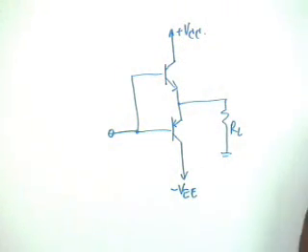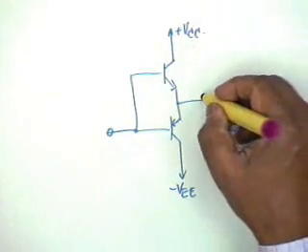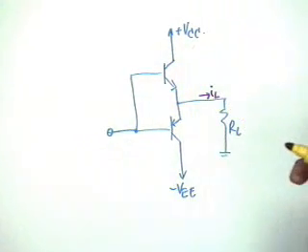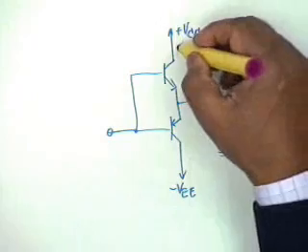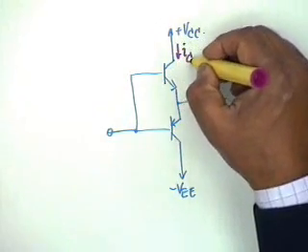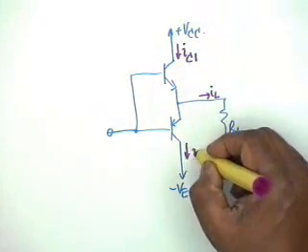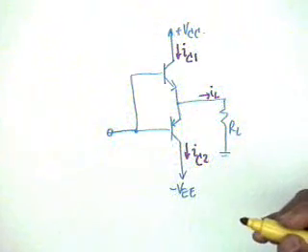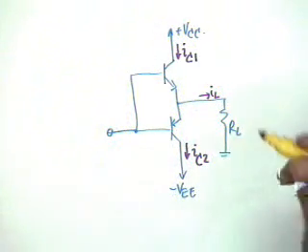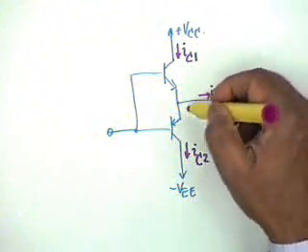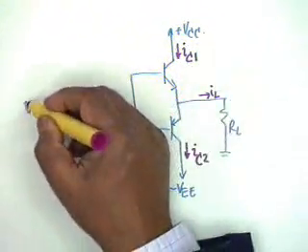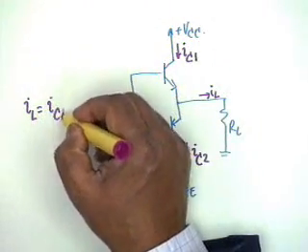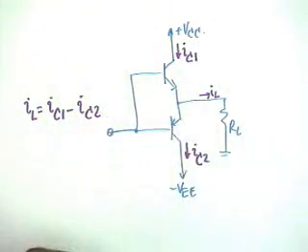Now you notice that the load current IL bears the following relationship to IC1 and IC2. IL is the difference between the two, isn't that right? IC1 equal to IL plus IC2, therefore IL equal to IC1 minus IC2.